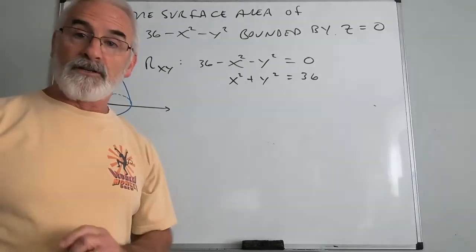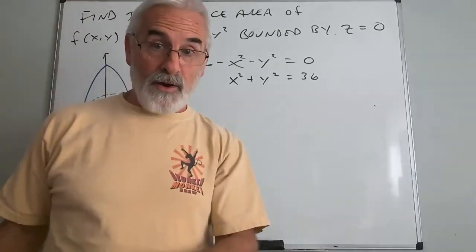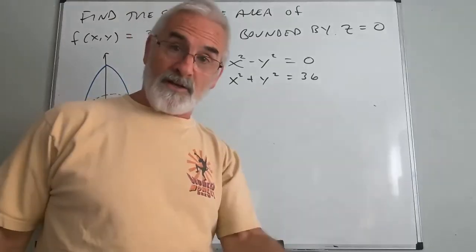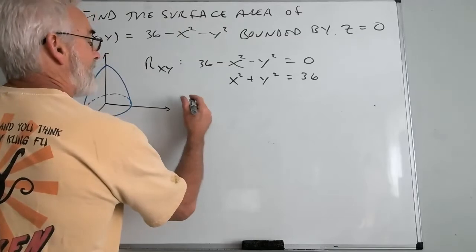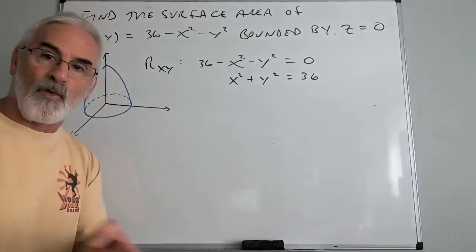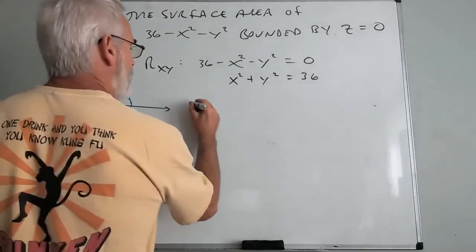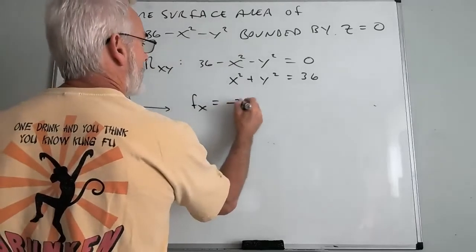So now what we need to do is find what's called the surface area parameter. That's the square root of fx squared plus fy squared plus 1. That's called the surface area parameter. So let's find that next. I'm going to give it a formal name in a minute. When I do fx, I get negative 2x.